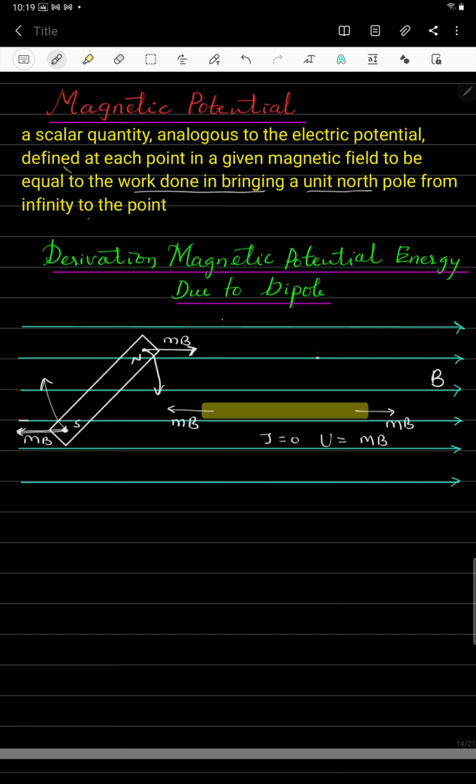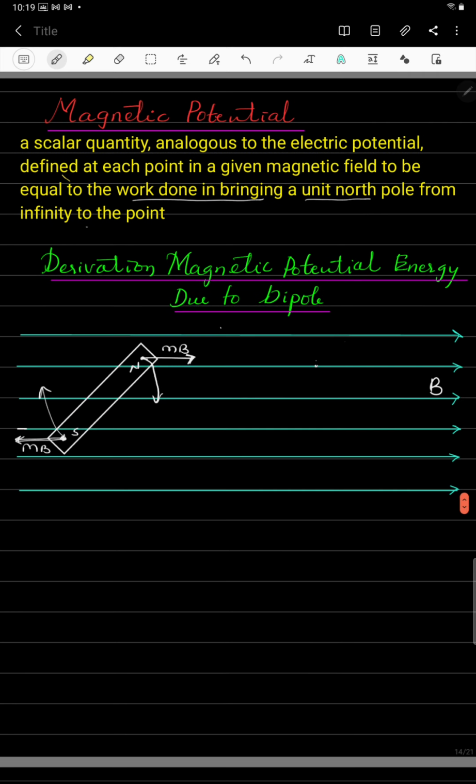When you move the magnet from this point to the perpendicular point, at that time the magnetic potential is 0 and the torque is maximum.